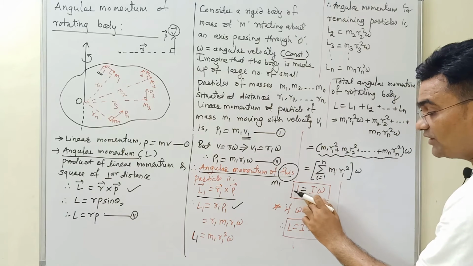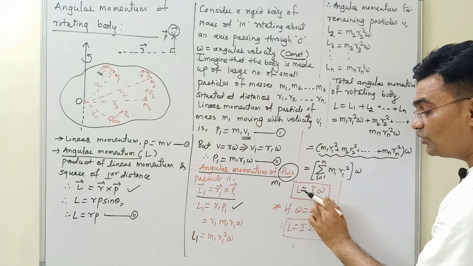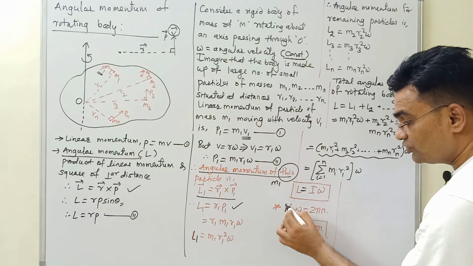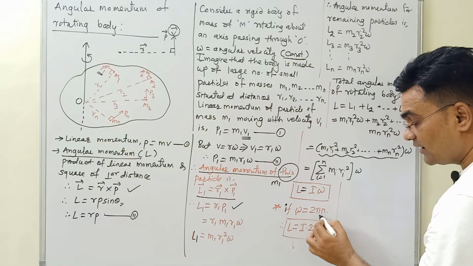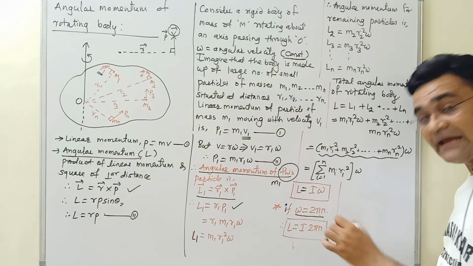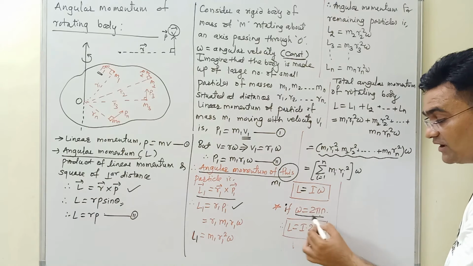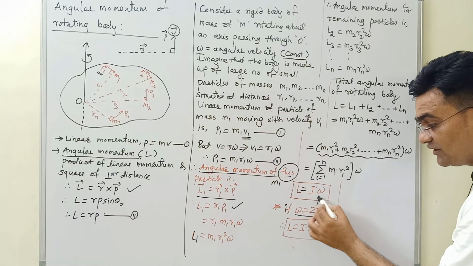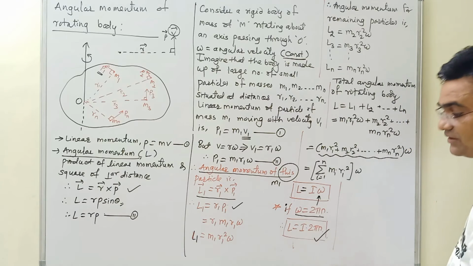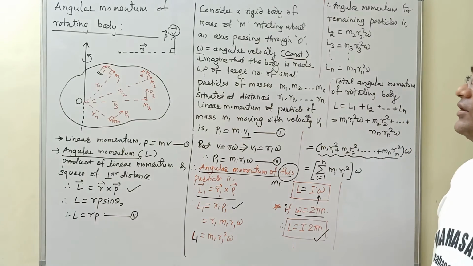So according to that we got L equal to I into omega. If you use another formula for omega, that is omega equal to 2 pi n, and substitute here, then I will get L equal to I into 2 pi n. This will be another formula. Okay.